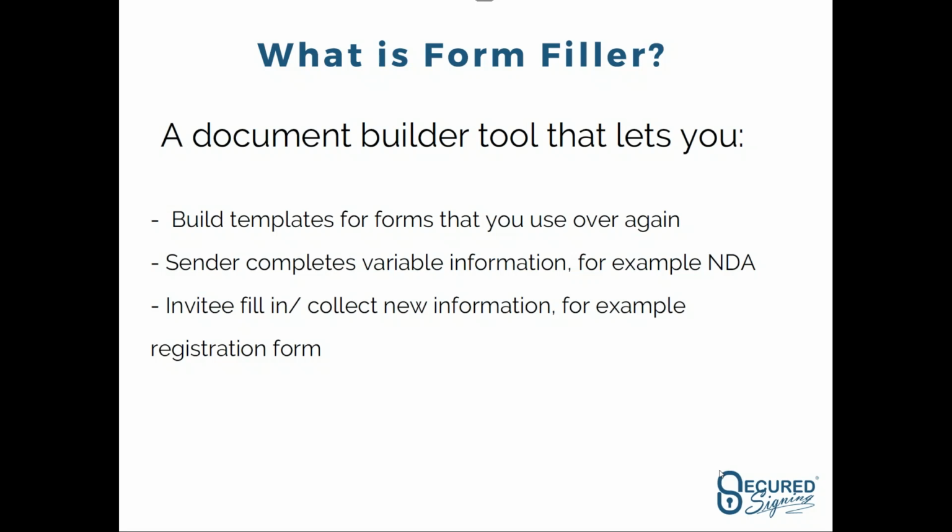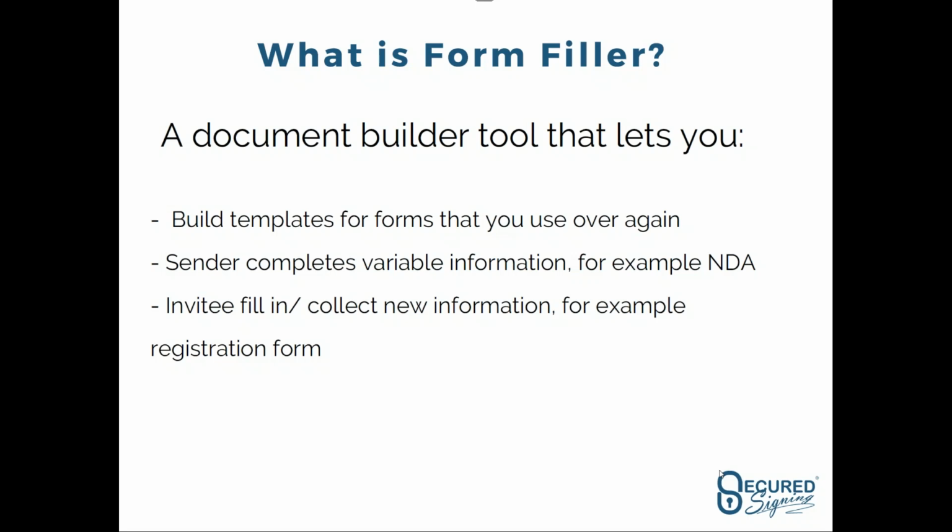So how you use information in these templates is in 2 ways. You can either, for example, with an NDA, there's a few fields that would change, but the majority of the contract, the wording, etc., is the same, right? And the few fields might be the company name, the person signing, and the date, right? So what you would do is create a template in secured signing of your NDA with these fields that are changing, and I'll show you how.